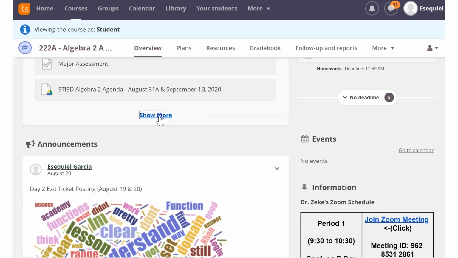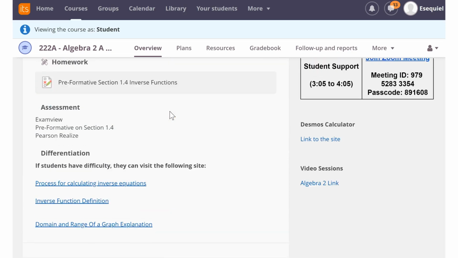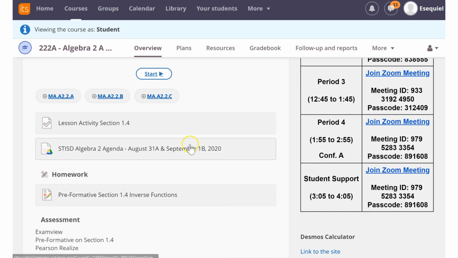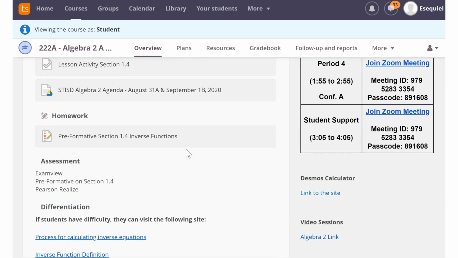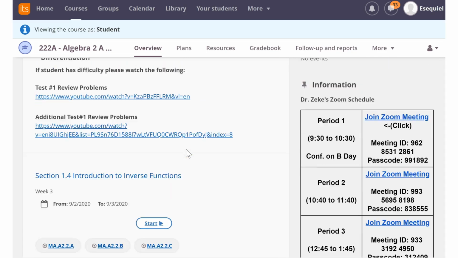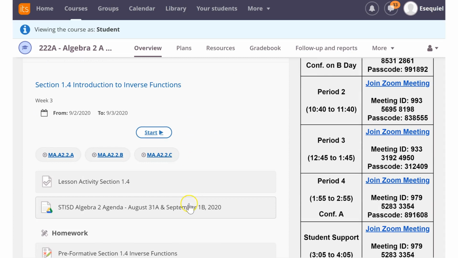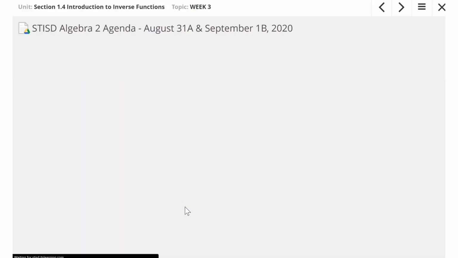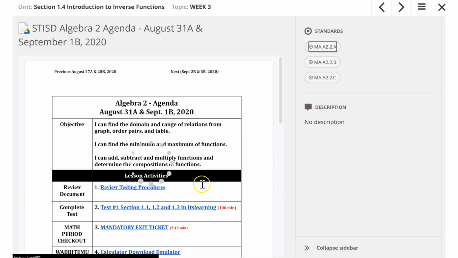In this case, today is September 2nd. So you go to the one that says September 2nd. In this case, I will have to change this because it should have said September 2nd, but I'll change it. You click on it. You get the agenda for September 2nd.